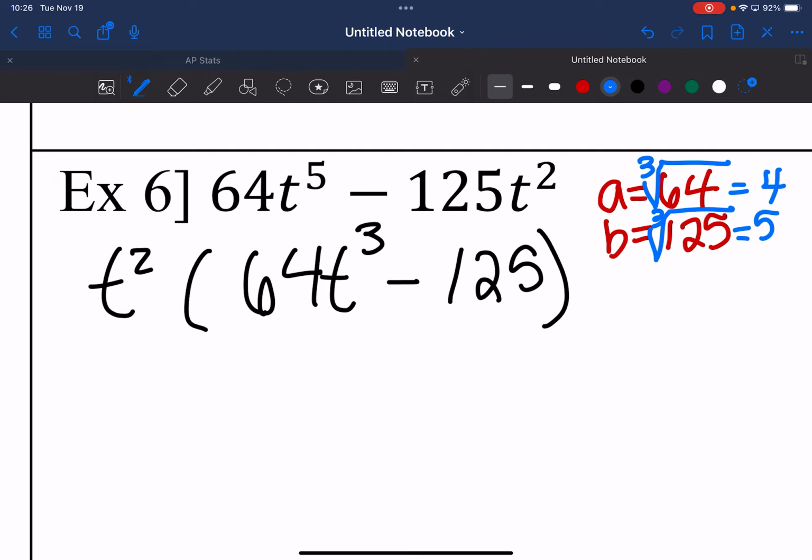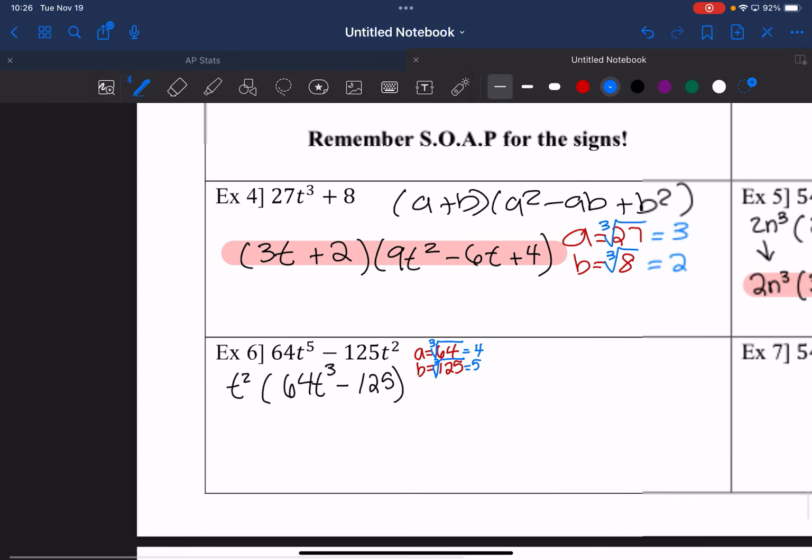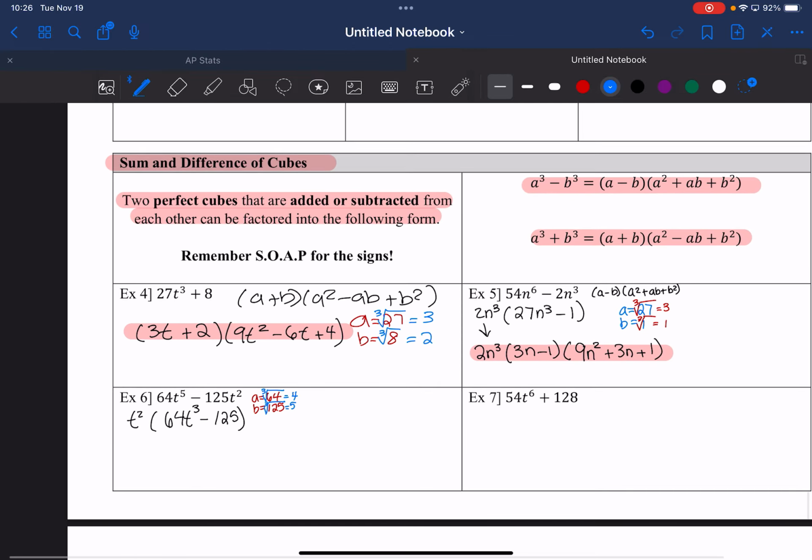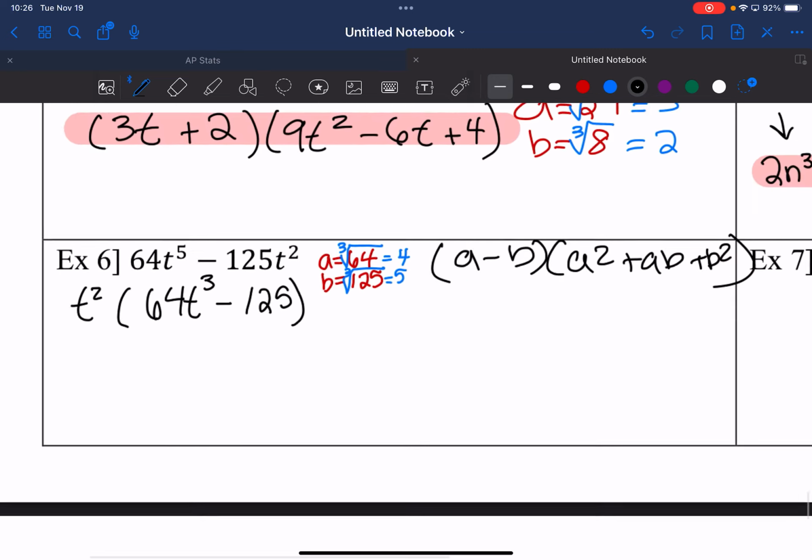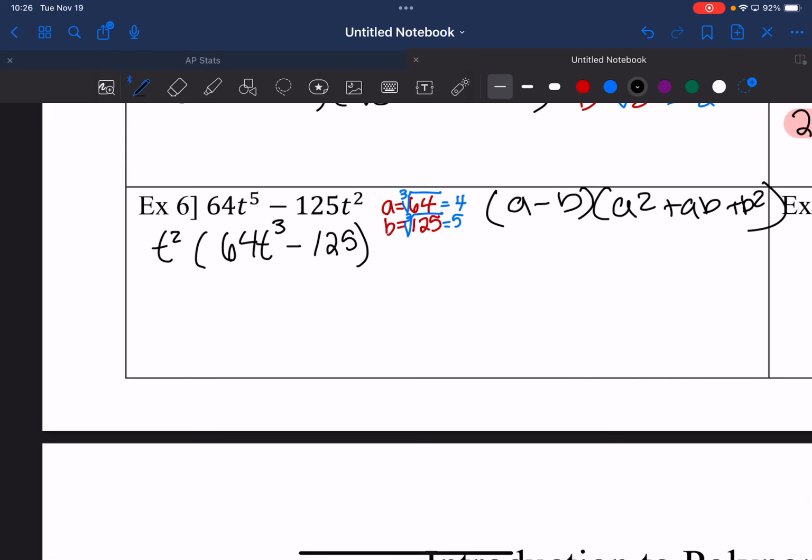Okay? So again, are we going to be using the first formula or the second one? The first one. So I have a minus b and a squared plus ab plus b squared. Good. 4t minus 5. So I'm bringing down my t squared, and then I have 4t minus 5.